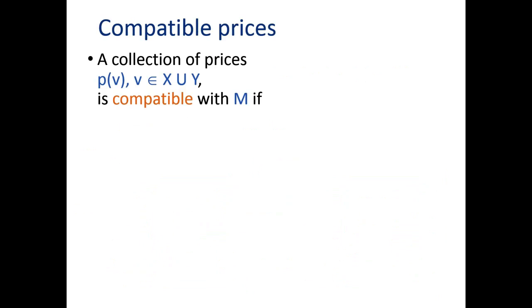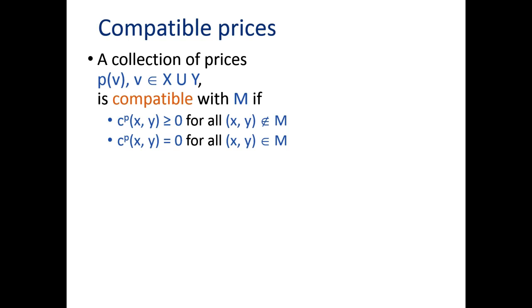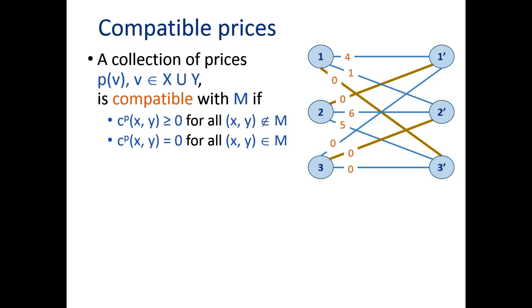So what characterizes those nice prices? What was so nice about this case? Let me say that a collection of prices is compatible with a matching if the following holds: all costs are non-negative, and edges on the matching have 0 cost, like in my instance.